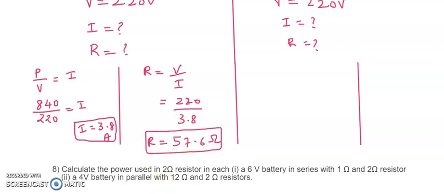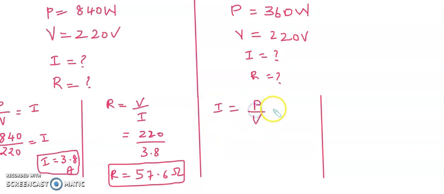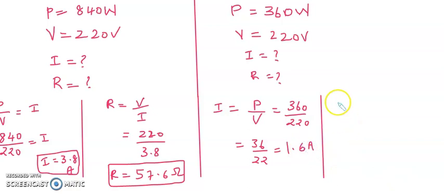Okay. Similarly, for minimum heating capacity, I need to find the current. So current is power divided by voltage. Here in this case, it's 360 divided by 220, which is 36 divided by 22, which is equal to 1.6 ampere. And the resistance will be V upon I, which is again 220 divided by 1.6.